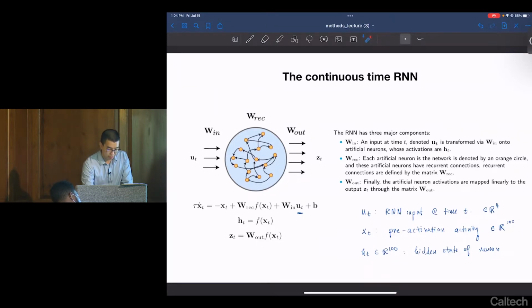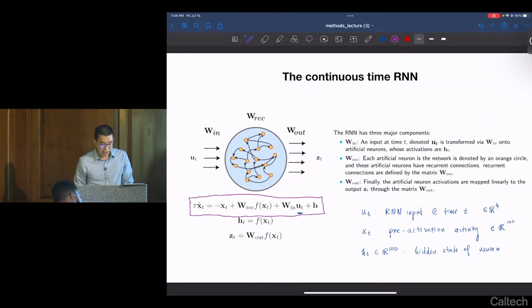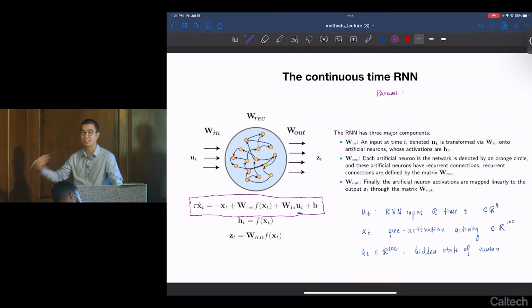After that, when we look at the equation for our continuous time RNN right here, then we have parameters of the network. Our parameters are the things that we get to learn and set to make the network as good as possible at doing the context-dependent integration task.